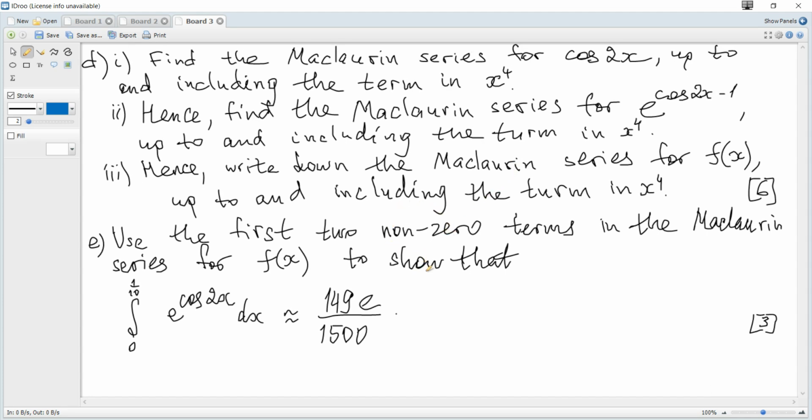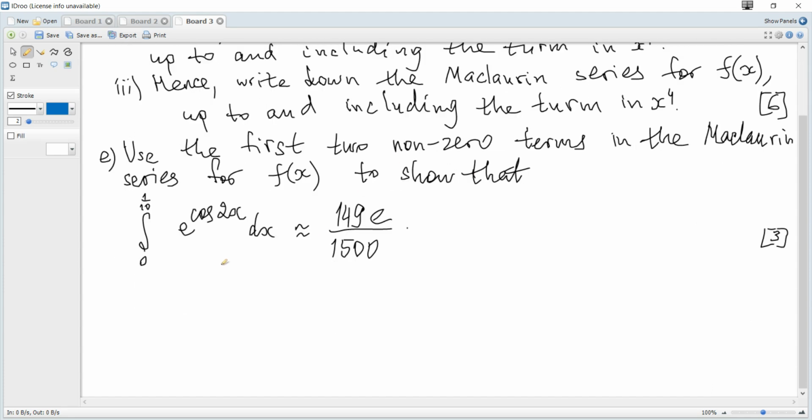A formula is given in a data booklet, and it says that cosine of x is equal to 1 minus x squared over 2 factorial, which is 2, plus x to the power of 4 over 4 factorial, which is 24, and plus so on.